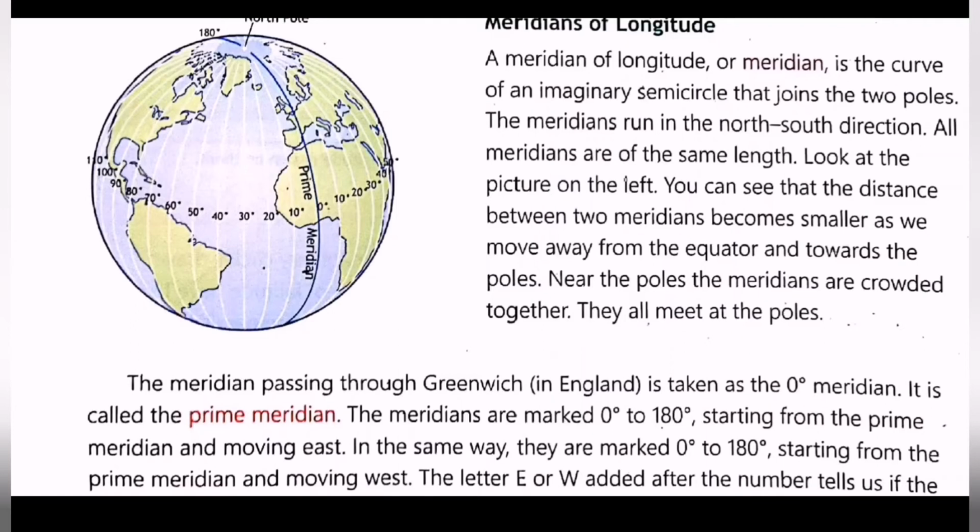Near the poles, the meridians are crowded together. पोल के पास it becomes gathered together. They meet at the poles, because their meeting place is the poles.